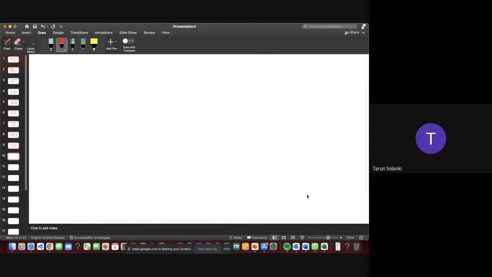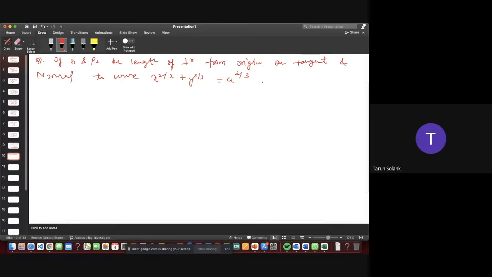Okay. Next, one more problem. If P1 and P2 be the lengths of the perpendicular from the origin on the tangent and normal to the curve x to the power 2 by 3 plus y to the power 2 by 3 equals a to the power 2 by 3, then 4 P1 square plus P2 square equals.